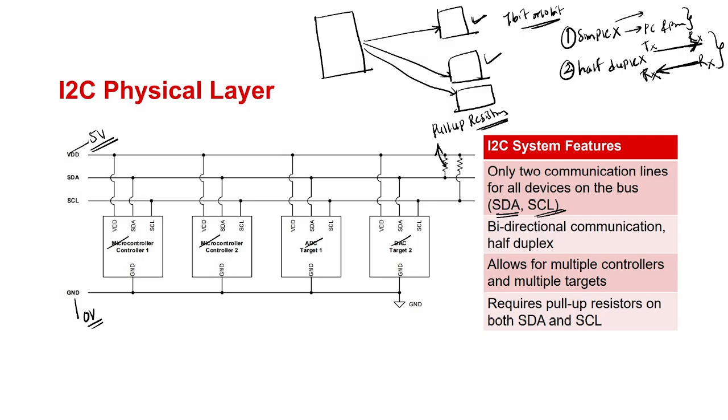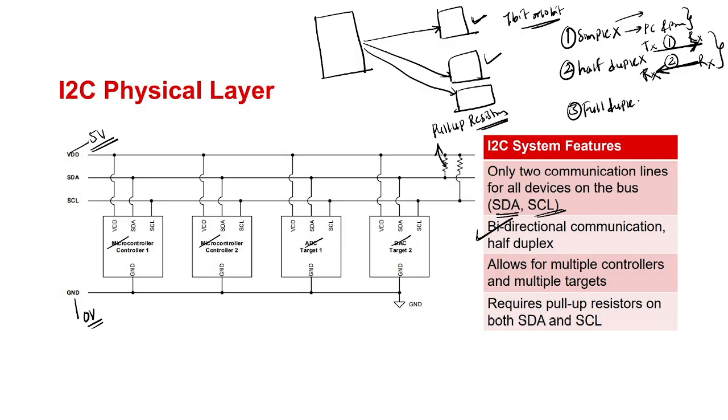So this is bidirectional half duplex. That means at any one time either transmitting or receiving can happen, but both cannot happen in parallel. And next you have full duplex.